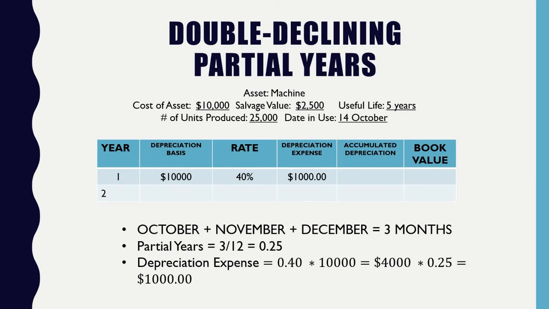Equals, and then you took that amount and divided by 12. Which number divided by 12? You took the 4,000 and multiplied it either by 3 and divided by 12, or by 0.25.